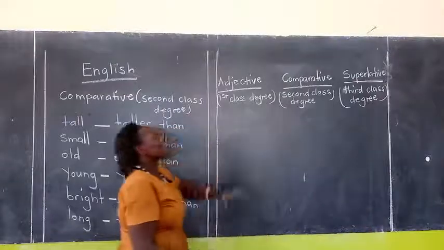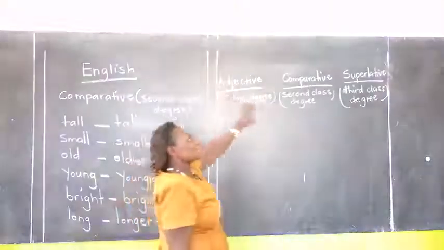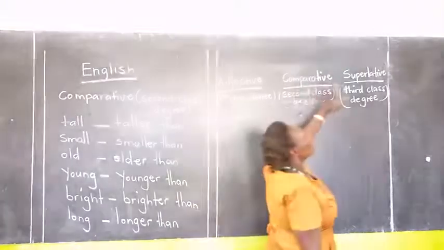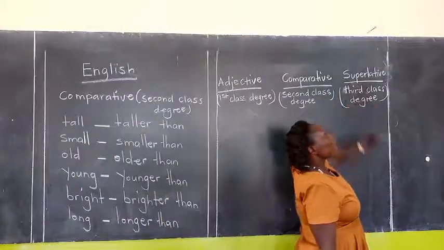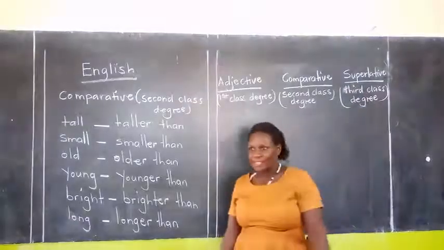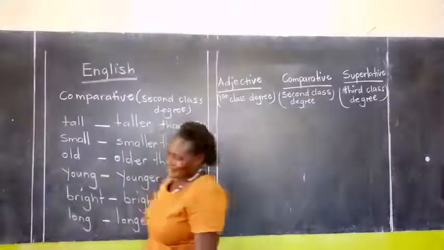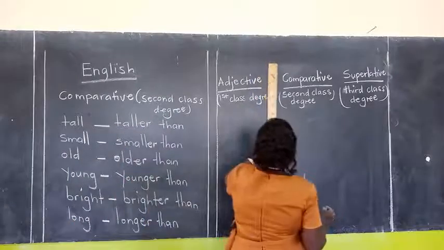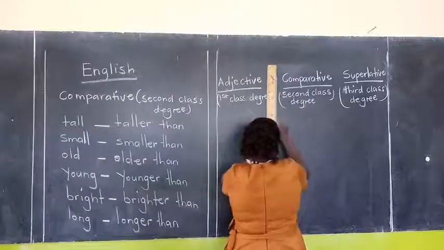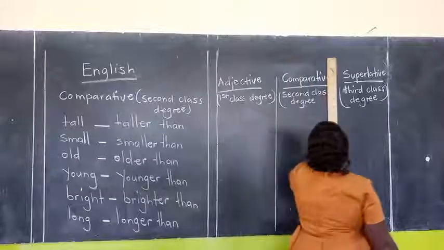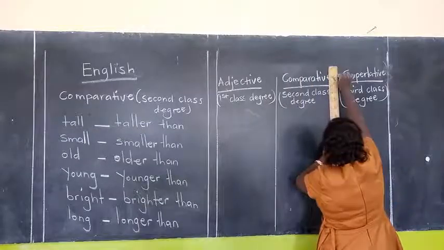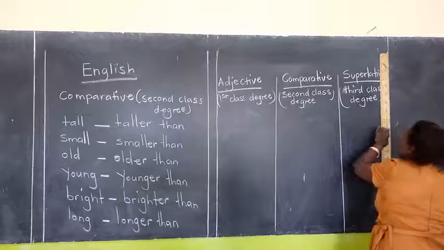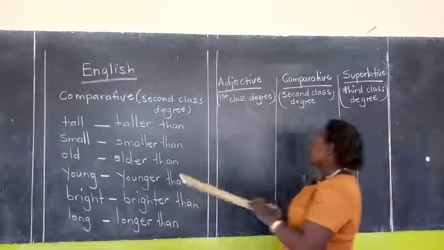When they talk of first class, that is the adjective. It goes to the second class, that is the comparative. And with the third one, this is the superlative. Those are the three classes we have. Here, we are going to have our first class. Here, our second class. And here, our third class.